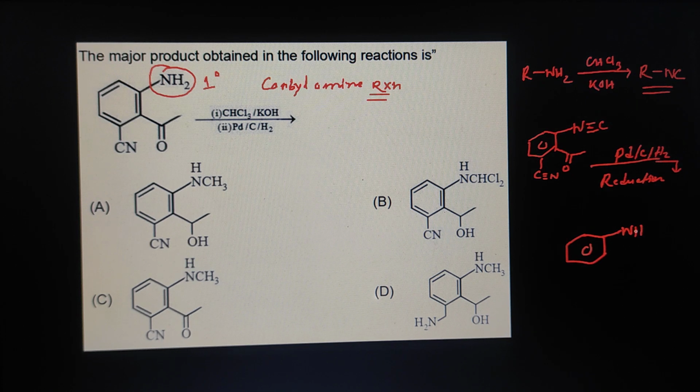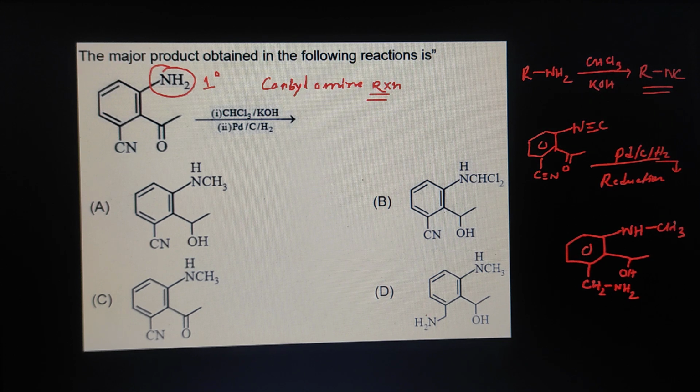That means NHCH3, and this CN is converted to CH2NH2. And for this C double bond O, it is converted to OH, a secondary alcohol.